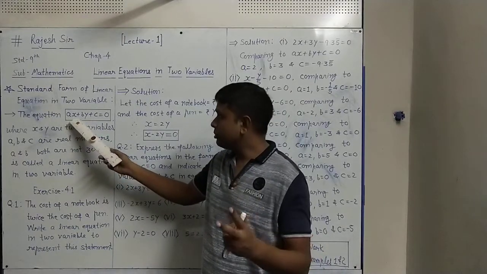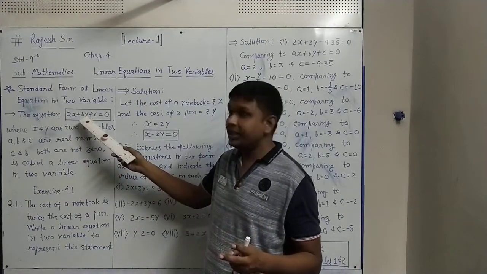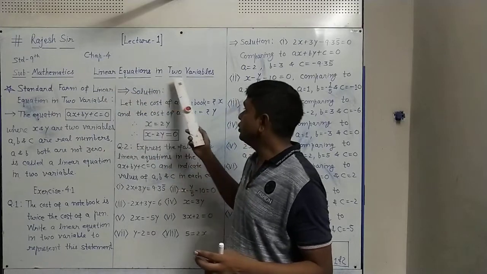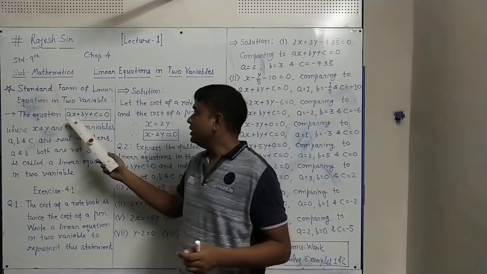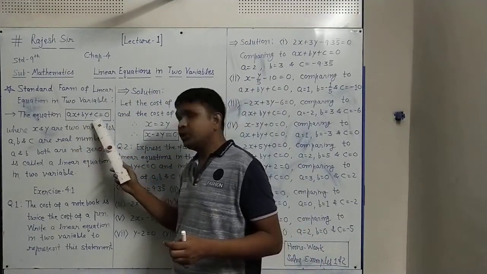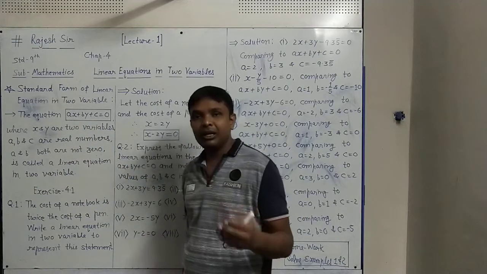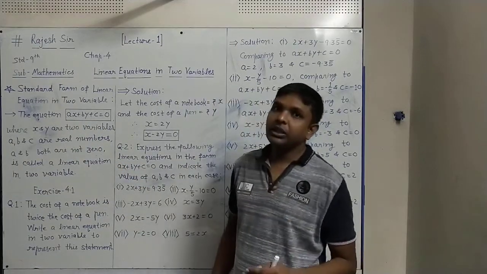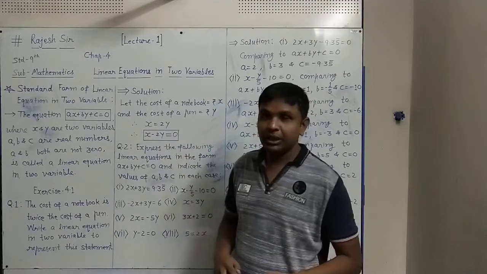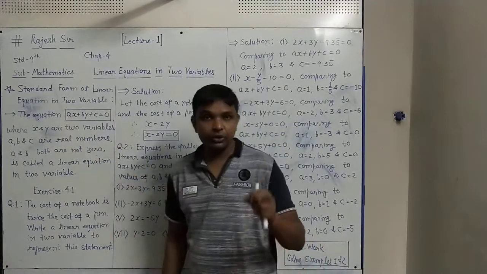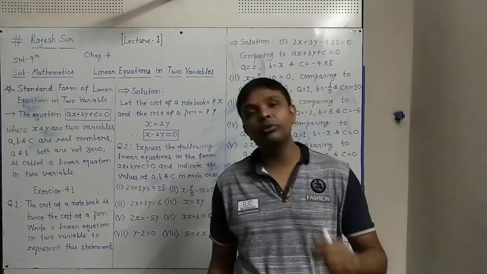Because it has two variables with degree 1, so it is linear in two variables, and equated with 0, so it is an equation. So ax plus by plus c equal to 0 is a linear equation in two variables, and this type of equation is called the standard form of linear equation in two variables.